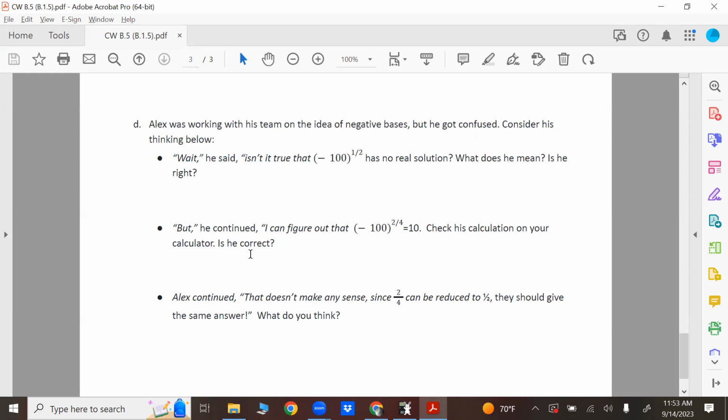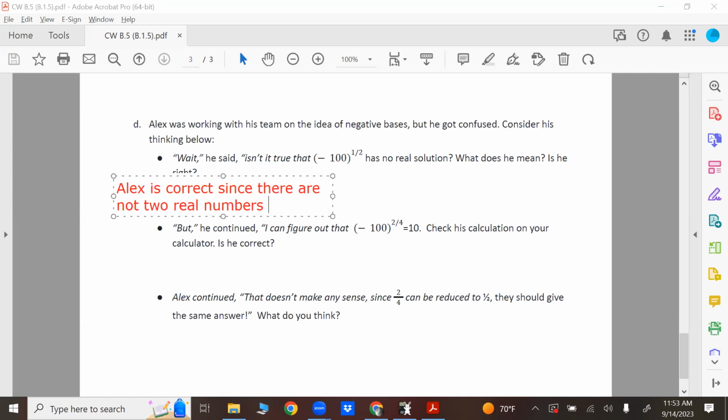So here's what you'd want to say for the first bullet point. Alex is correct since there are not 2 real numbers that are identical and multiply to negative 100.